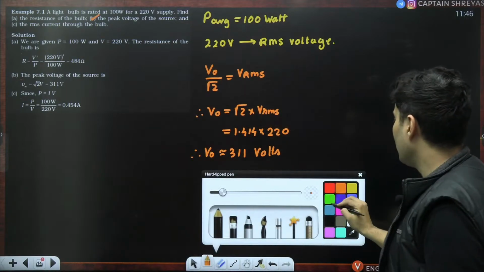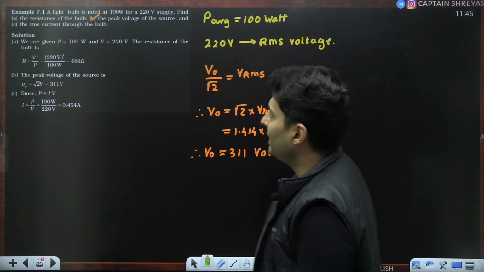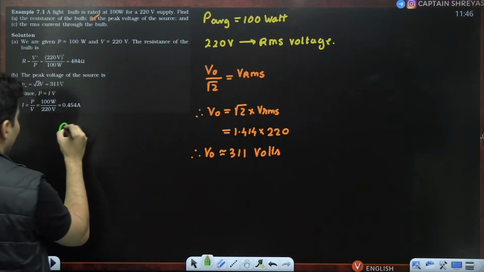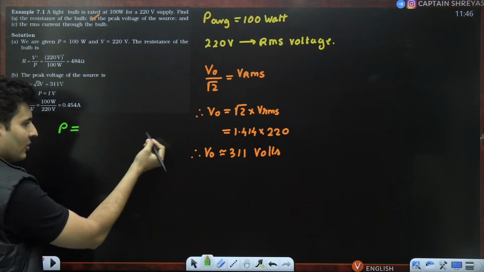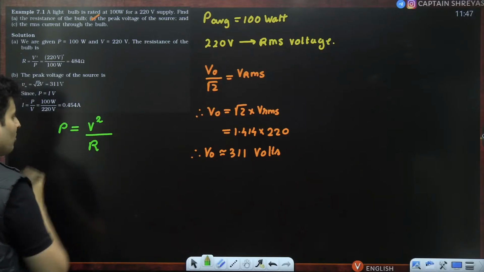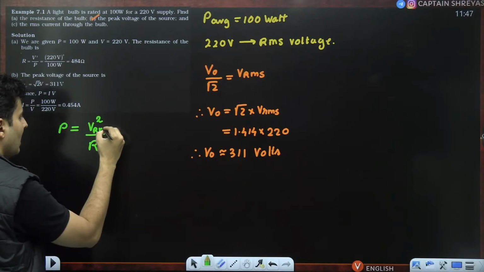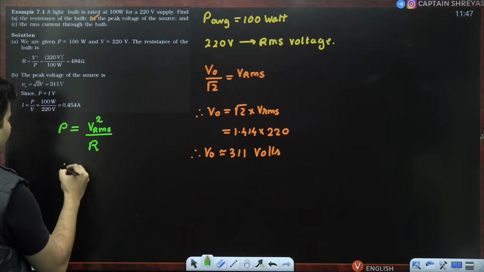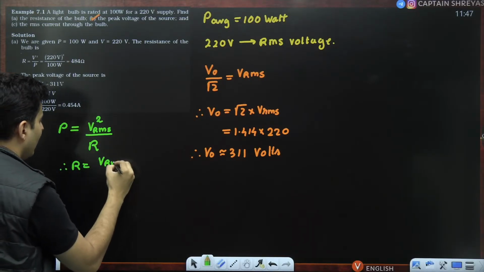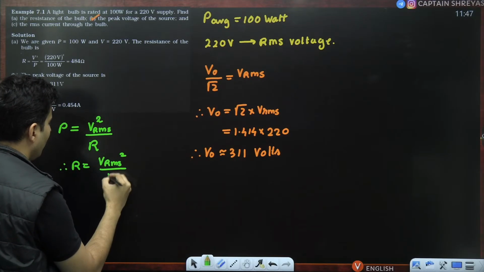What about the other question? It says, can you find the resistance of the bulb? See, power is V square by R, or I squared R. You can use any of these formulas. When I use V squared by R, which voltage is this? It's always the RMS voltage. So the resistance will be VRMS square divided by the power.